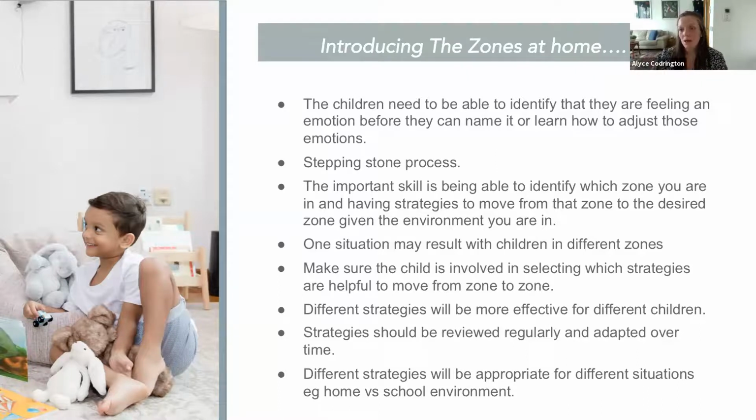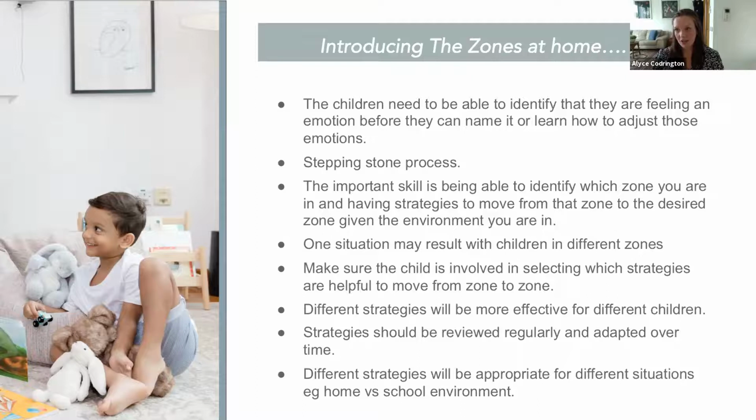So when we're talking about the strategies and you're thinking about them, make that differentiation between this is something you can do at home to go into the yellow zone if you want to or need to. This is something you can do at home to go into the green zone or the blue zone, but you can't do that at school.